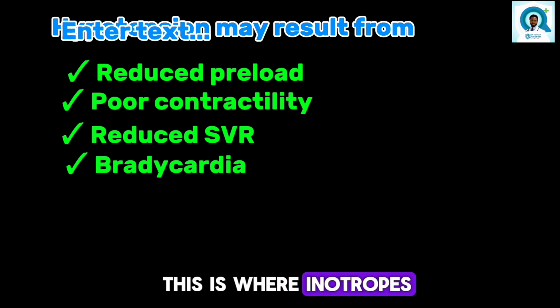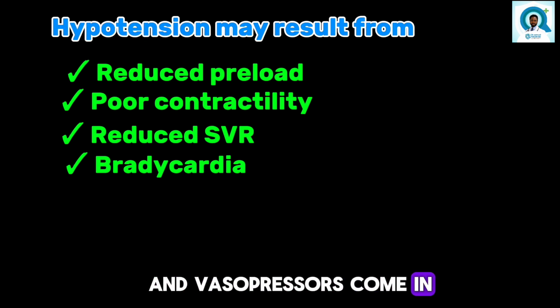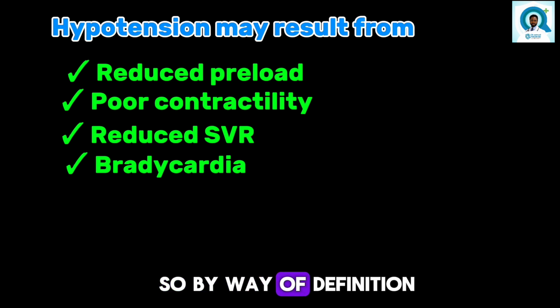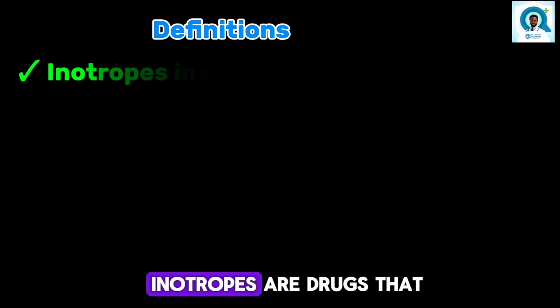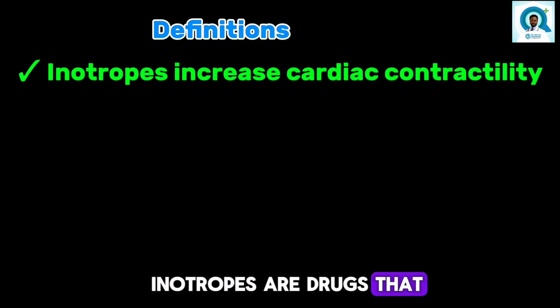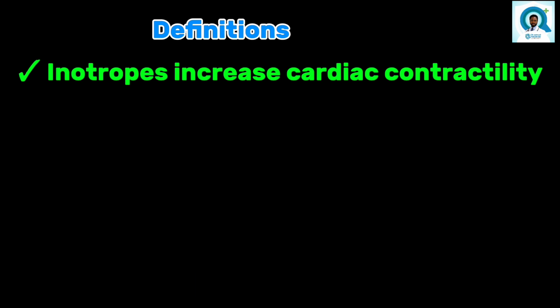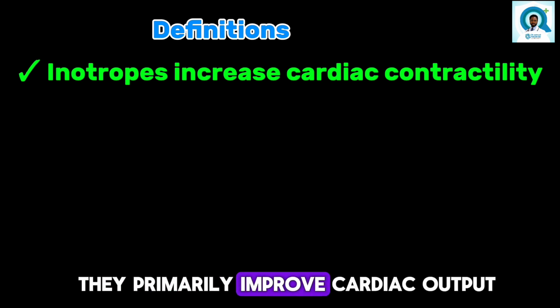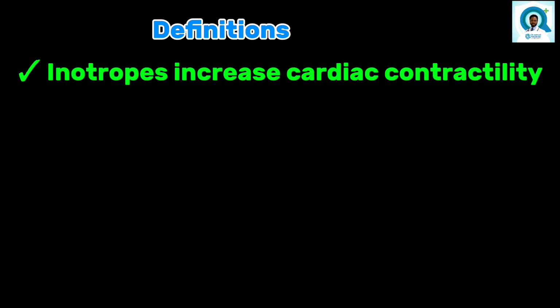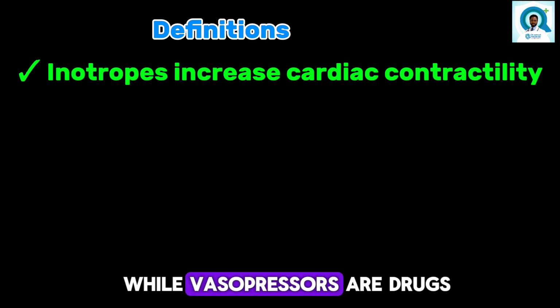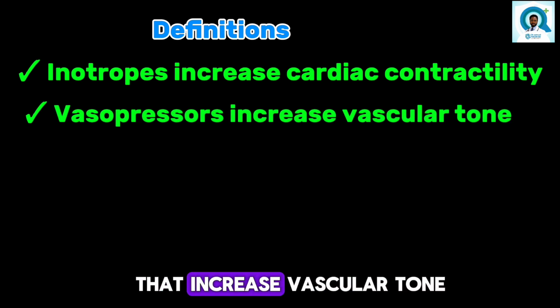This is where inotropes and vasopressors come in. So by way of definition, inotropes are drugs that increase myocardial contractility. They primarily improve cardiac output, while vasopressors are drugs that increase vascular tone.